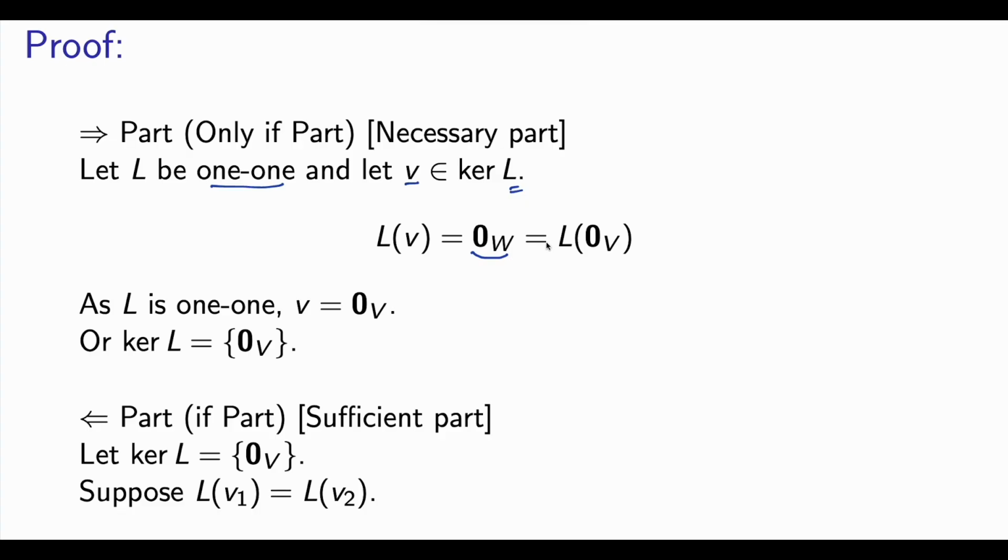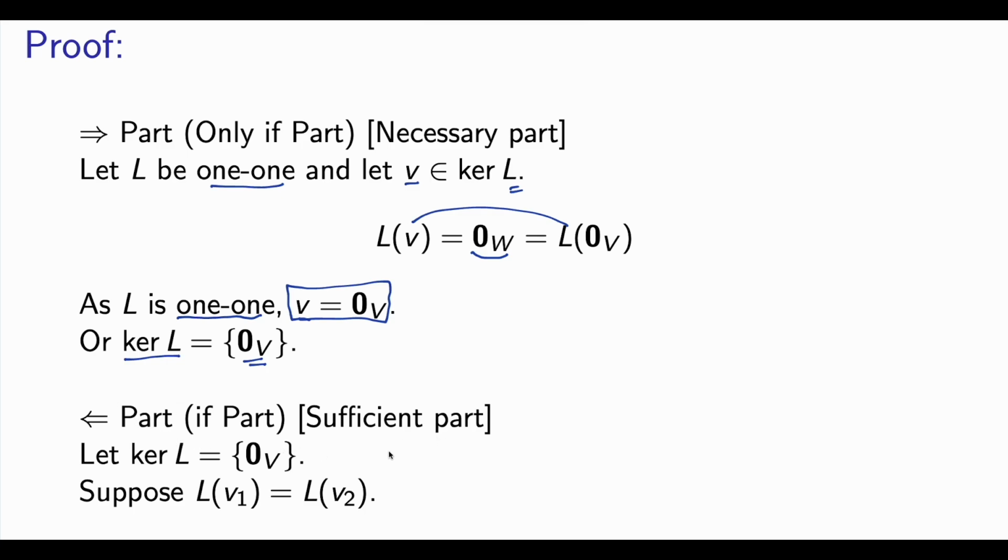And which is equal to L of 0 of V, right? Since L is 1-1, L of X equal to L of Y implies X equal to Y. So what we can conclude is V is nothing but the 0 vector, right? So it means the kernel of L contains only the 0 vector of V, right?